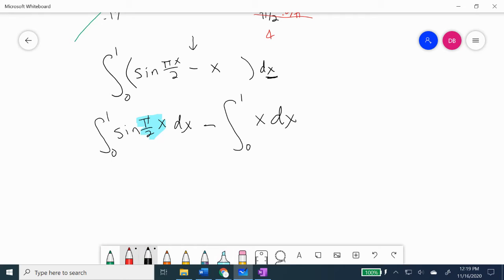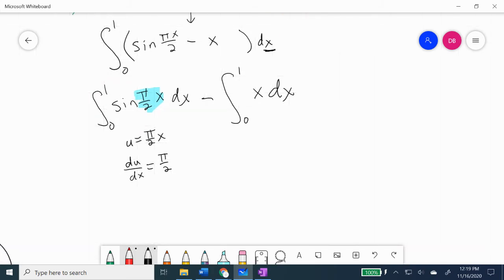I can do that one the normal way. So with a u being equal to pi over 2 times x, du dx is pi over 2. That means dx, when I multiply it to the right, is equal to du times 2 over pi when I bring that fraction over to the left side.